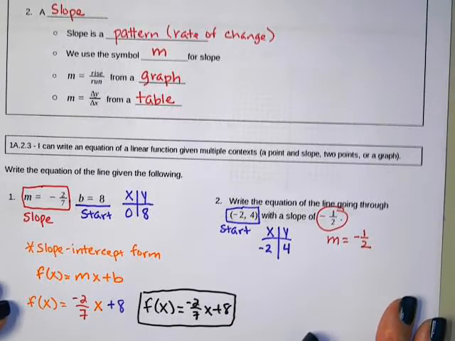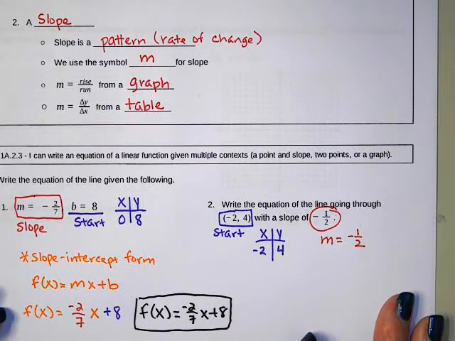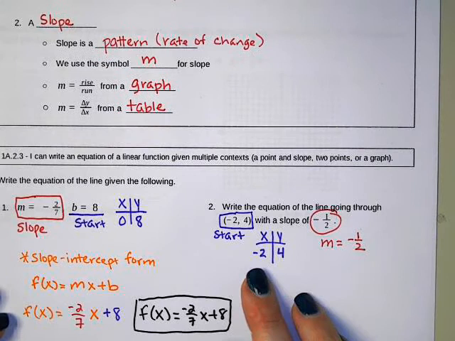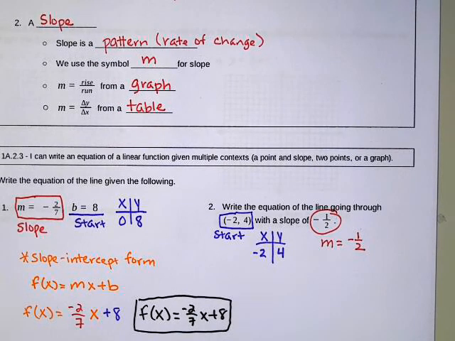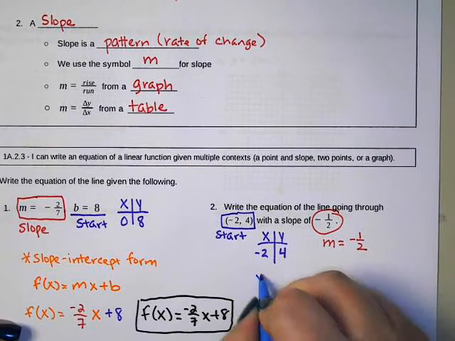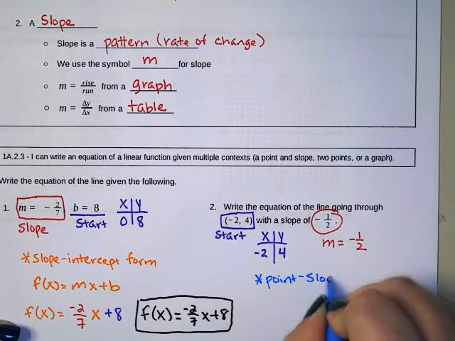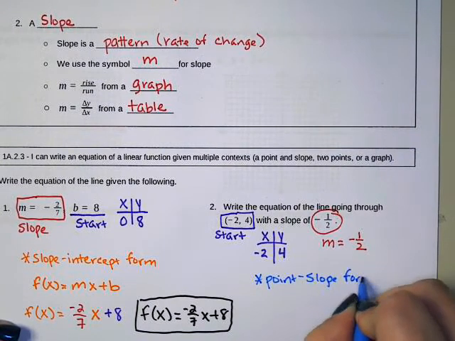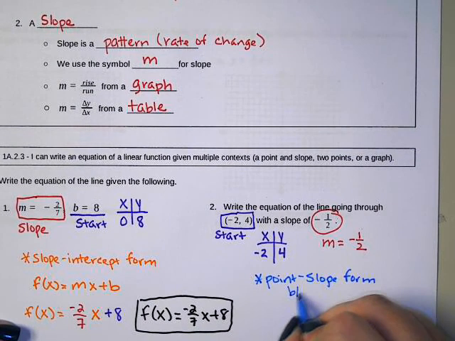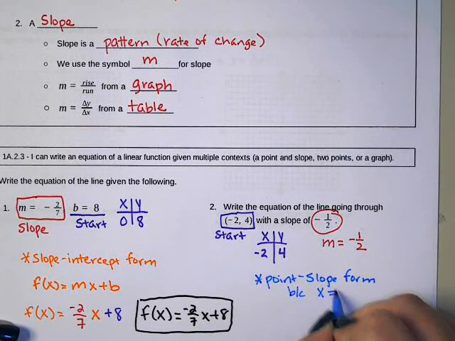So since this starting value is at negative 2, we cannot use slope-intercept form. It means that we have to use point-slope form, because the x value is not equal to 0.